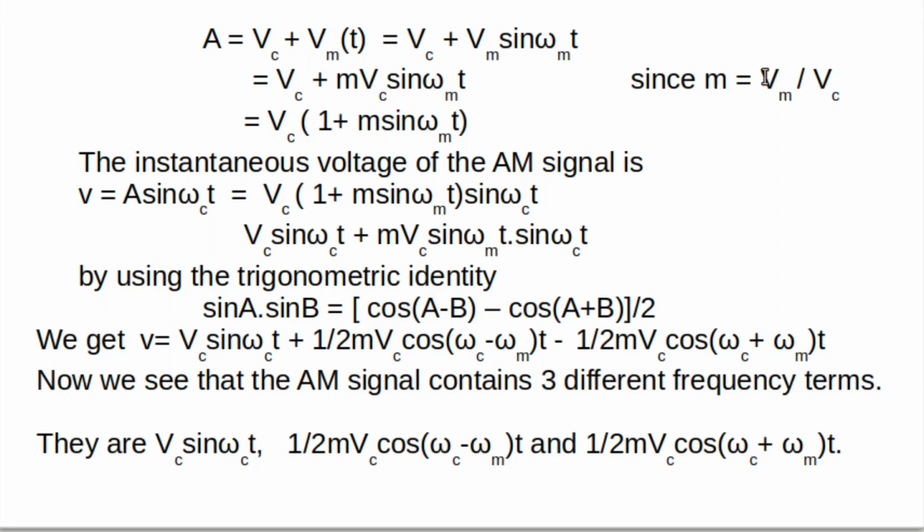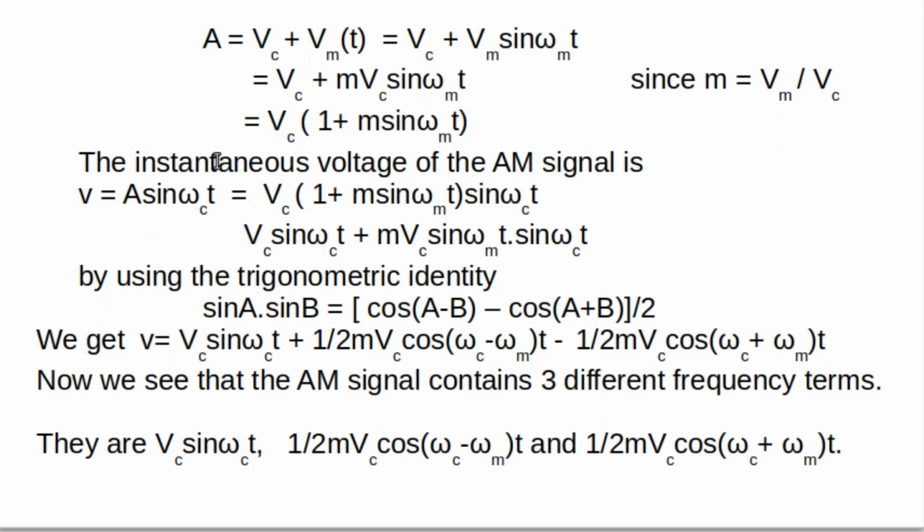So Vm is equal to m into Vc. Instead of Vm, we are writing m into Vc. And it is rewritten as Vc into 1 plus m sin omega mt. And this equation is the amplitude of the AM signal.